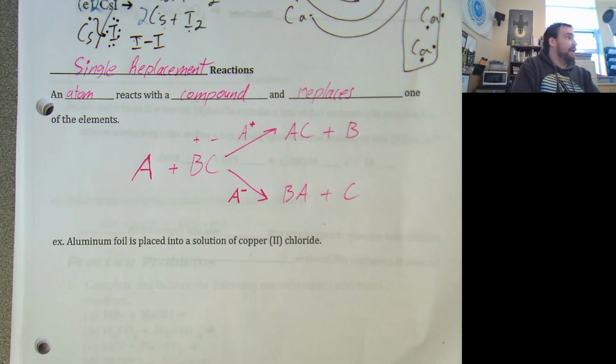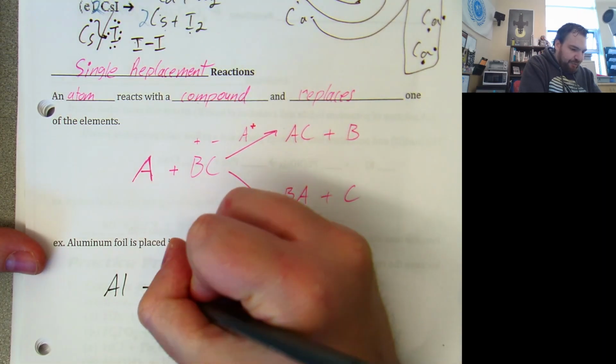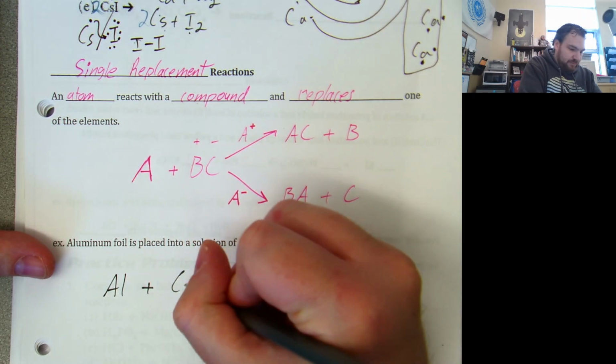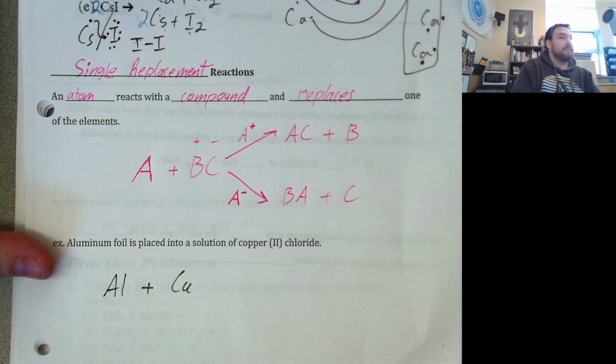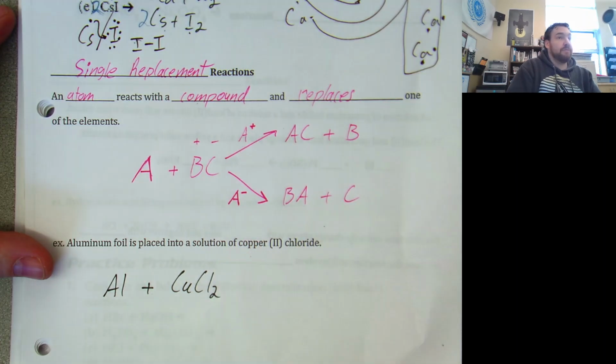What's the formula for aluminum? Al. It's going to react with copper 2 chloride. What is the chemical formula for copper 2 chloride? It's going to be CuCl2.